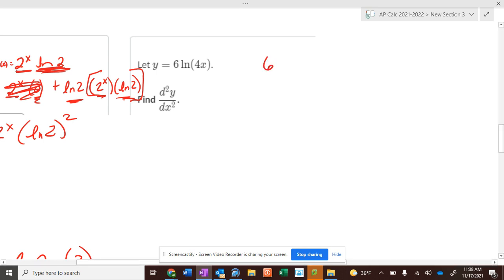So it's 6 times the first derivative, 1 over u times du, so 1 over the inside times the derivative 4, so it's 4 over 4x. Oh, okay, I got it. That's why I was confused.